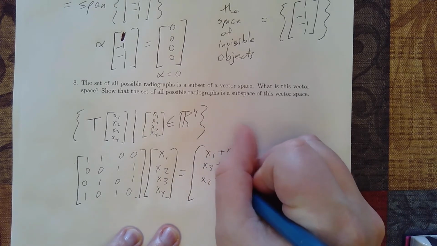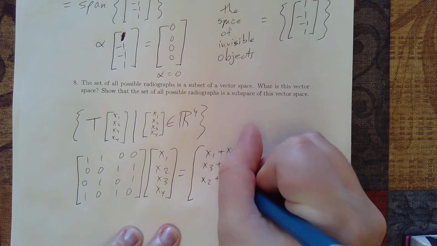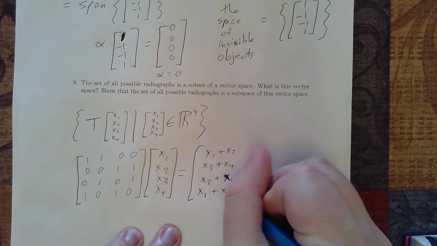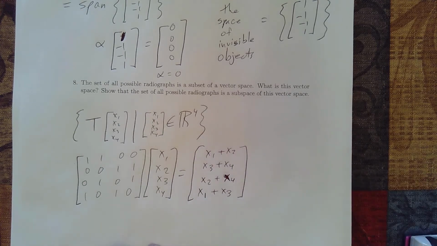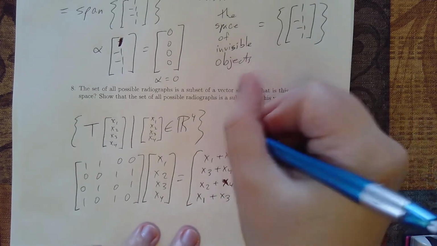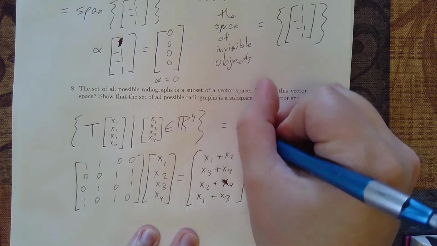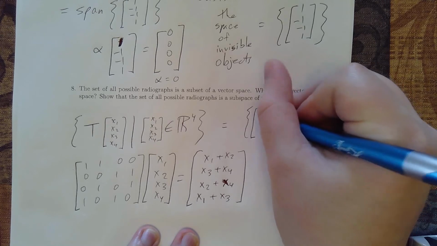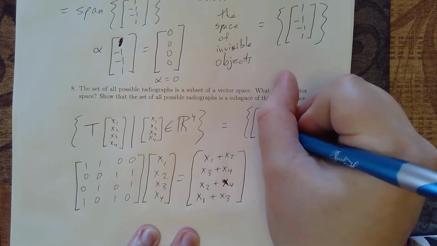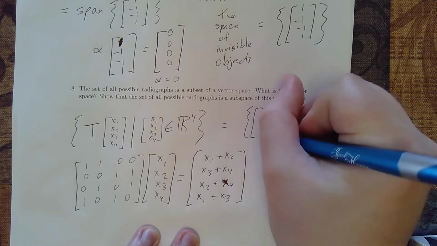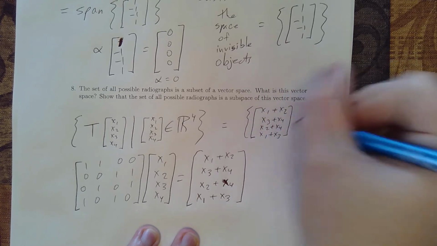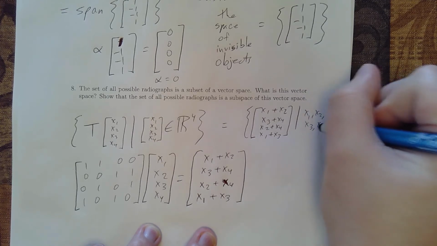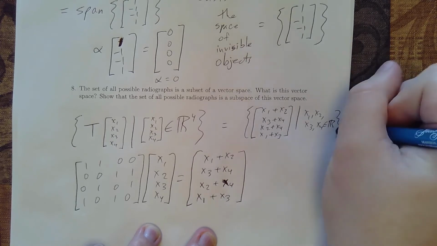x2 plus x4, and x1 plus x3. So we have this potential set of outputs. So this is going to be the set of all x1 plus x2, x3 plus x4, x2 plus x4, and x1 plus x3, such that x1, x2, x3, and x4 are all in the real numbers.